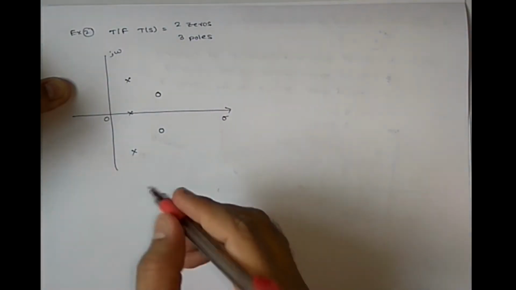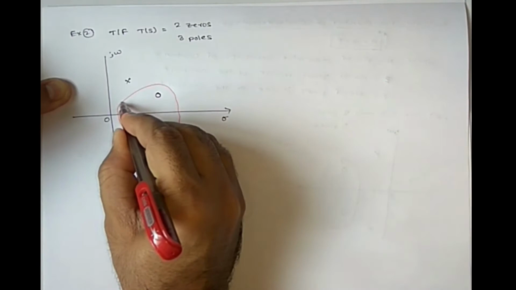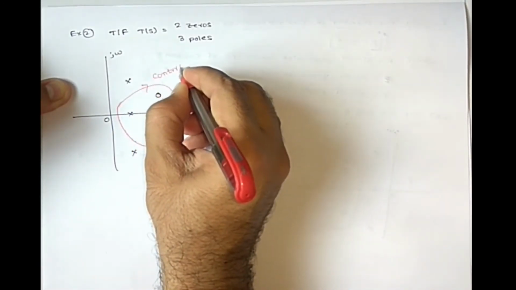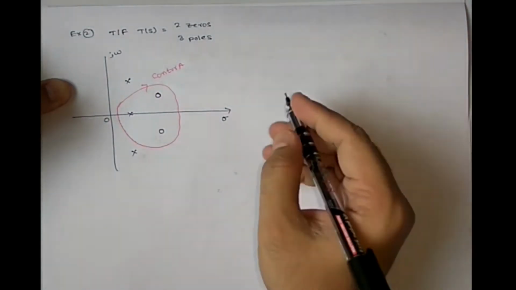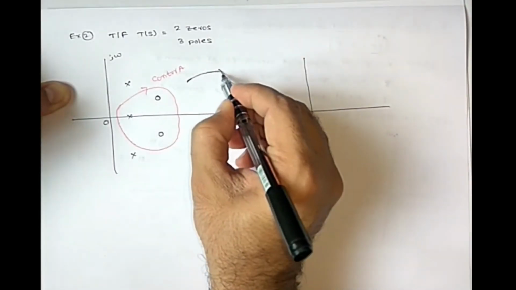Now, if you have a contour like this, okay, contour A. So how many encirclements will come in contour B after mapping?